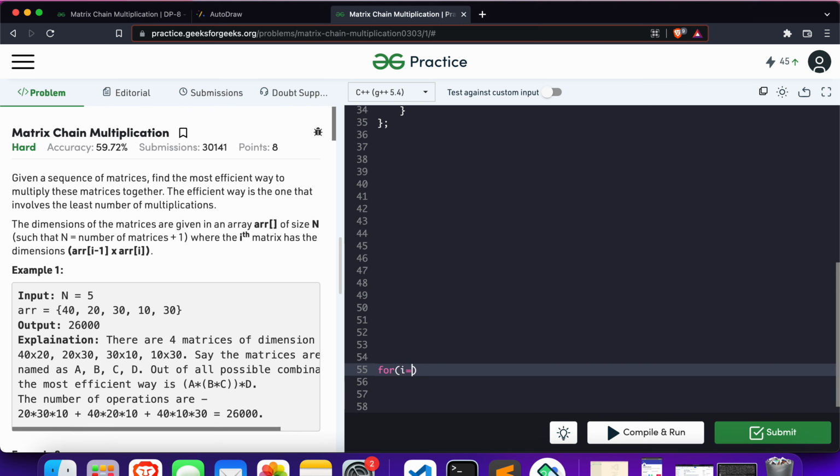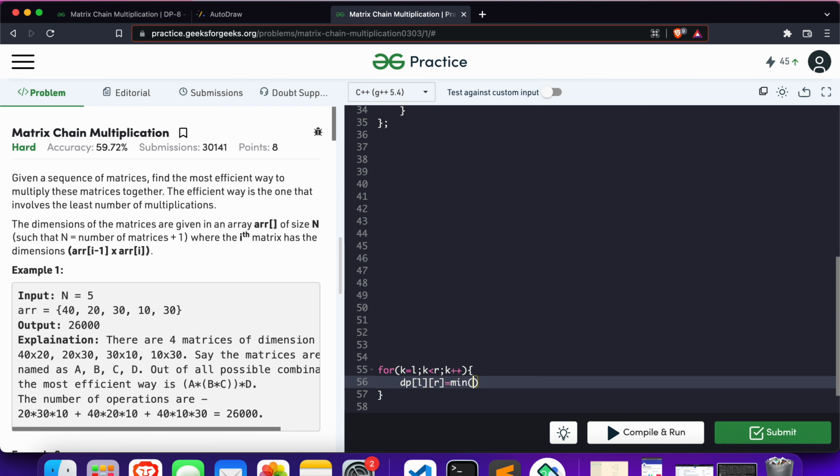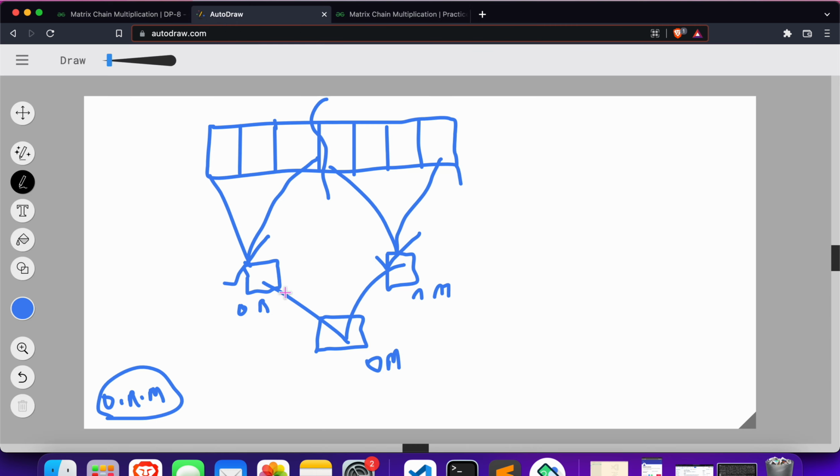For loop, let's take K. For K is equal to L, K is less than R, K plus plus. dp of L comma R will be the minimum of dp of L comma R. What I'm saying is that for O×N we will get from the dp table this, right?